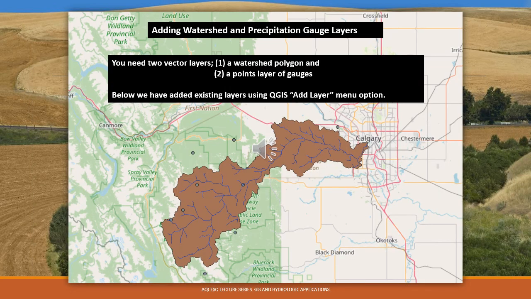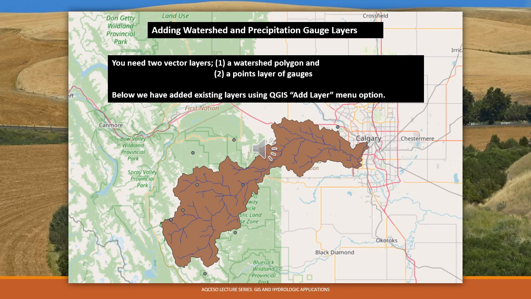Once you have launched your QGIS software, what you want to do next is to add two layers using Add Layer from the menu options. We will add a watershed polygon layer and the second one a points layer. Both of them are vector layers, preferably.